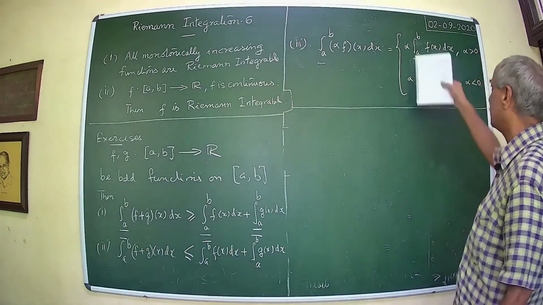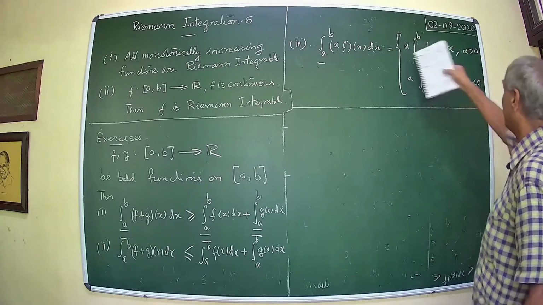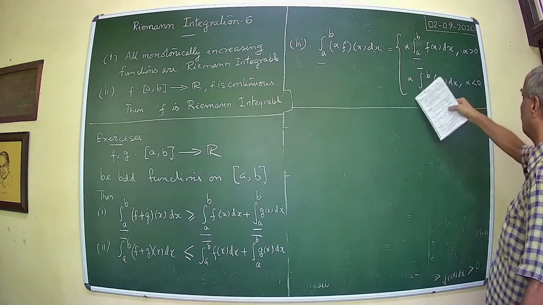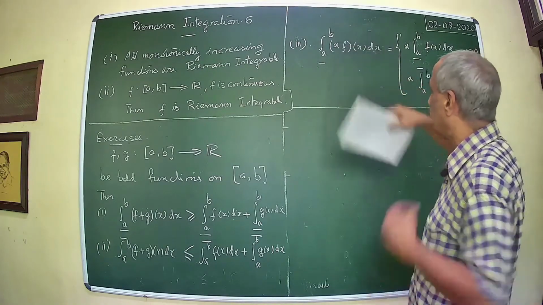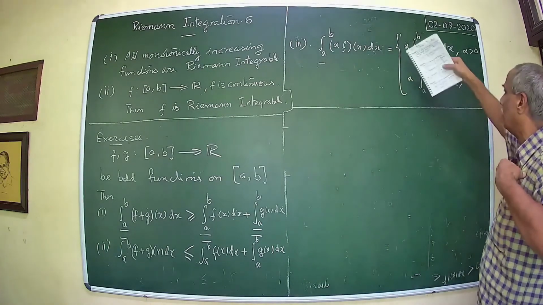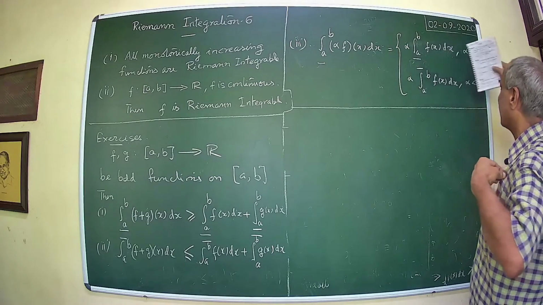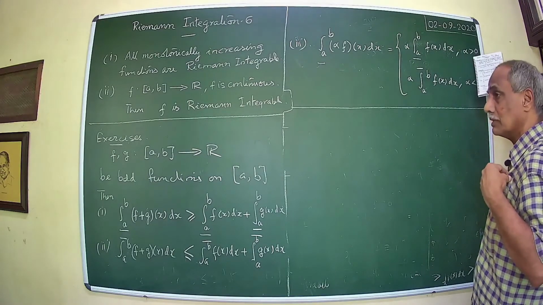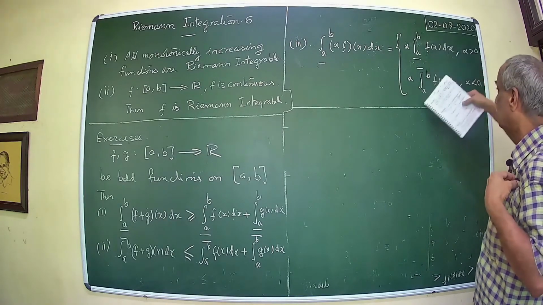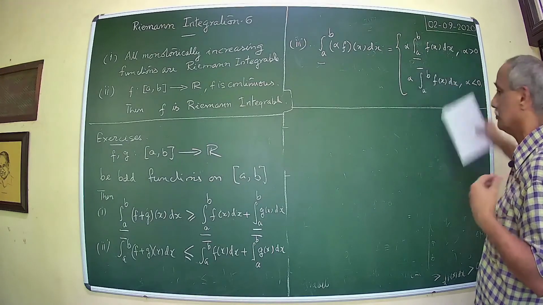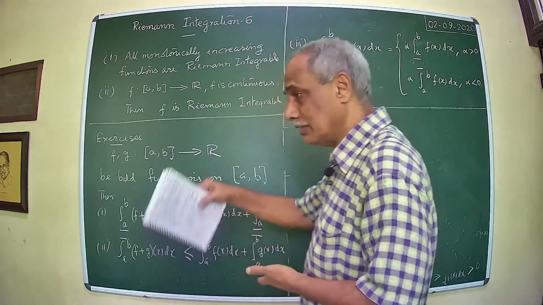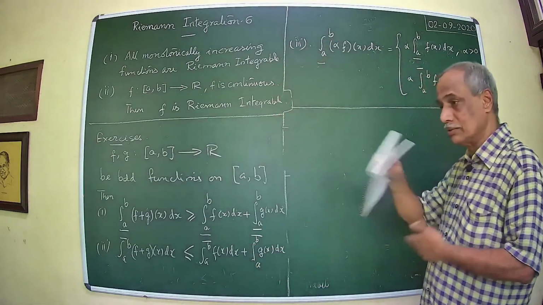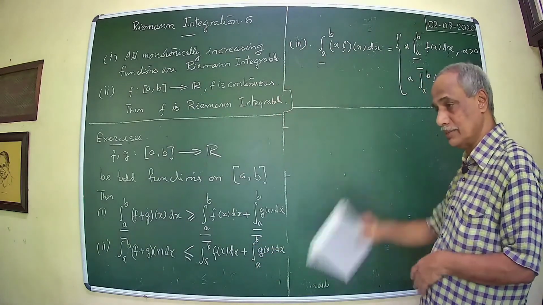And here, of course, there are two different cases when alpha is positive and alpha is negative. The lower integral of alpha f is equal to alpha times the lower integral of f whenever alpha is positive. But the whole thing reverses when alpha is negative, because you can actually see that for the negative part, the sort of approximation changes.